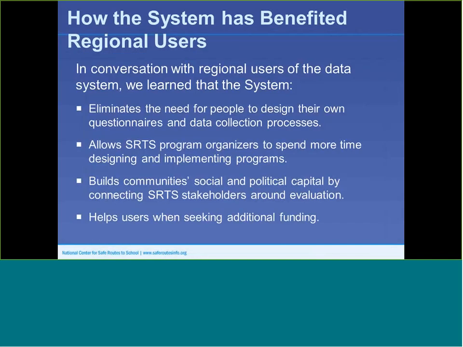One of the things I can talk about is the system, and certainly I'm biased about it, helping manage it. One of the things we did was reach out to people who had used it for a while, particularly at a regional level, not unlike many of you. What we found in these exploratory interviews was that a lot of them described the elimination of the need to design their own evaluation forms.